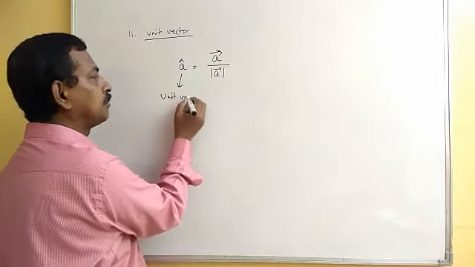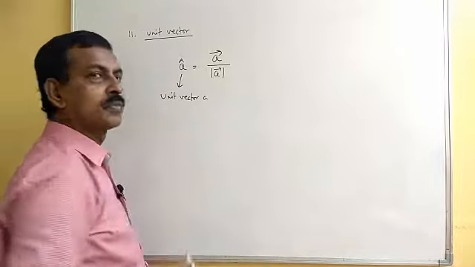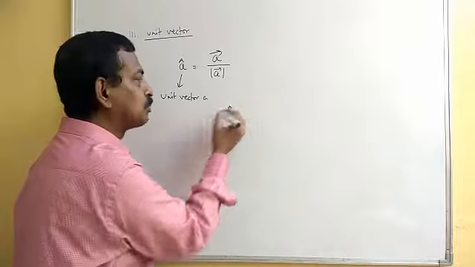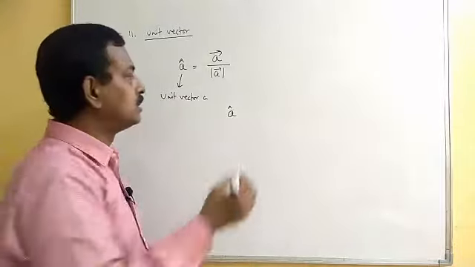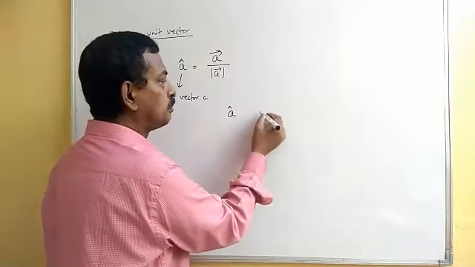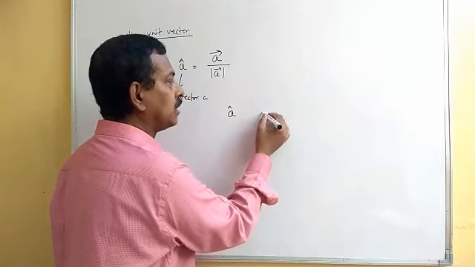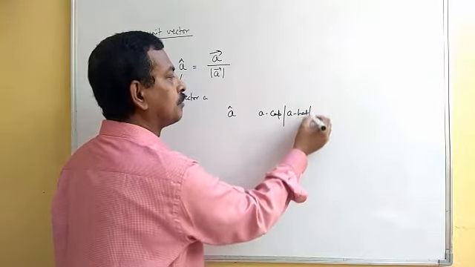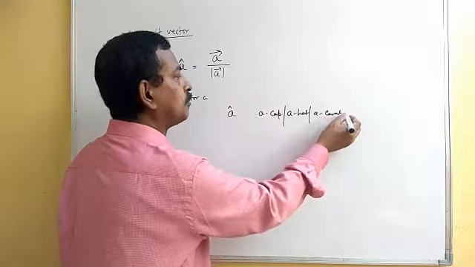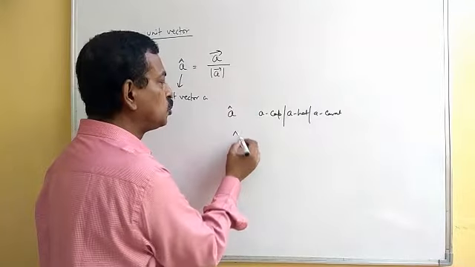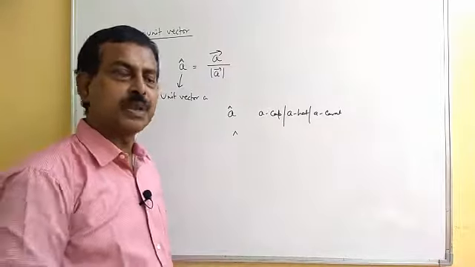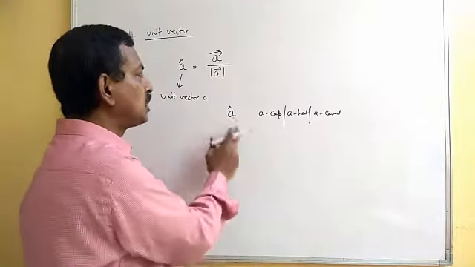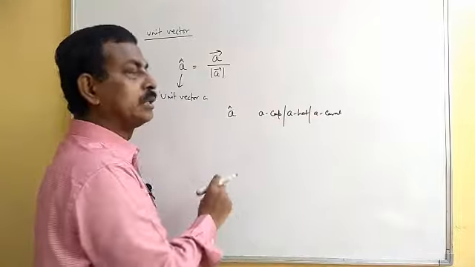So this is unit vector A, represented with a cap notation. We call it A cap, or A hat, or A caret. This is the term used for this notation. Either you can call it cap or hat or caret. This is how we represent a unit vector.